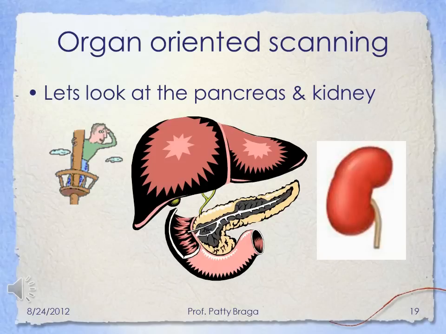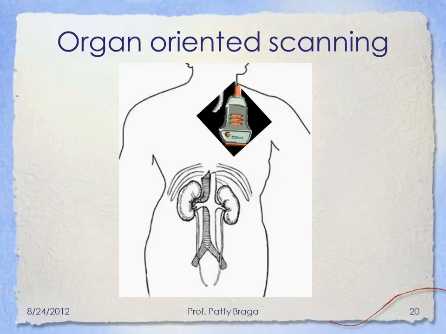If we kept our transducer straight up and down on the patient's body because we're doing a sagittal view, we would not really get a true longitudinal view of the kidney. So a kidney that is probably 11 centimeters in length, we would measure maybe 9 centimeters in length. That's where organ-oriented scanning becomes important.